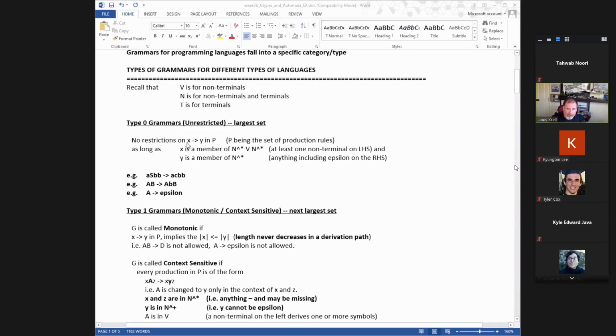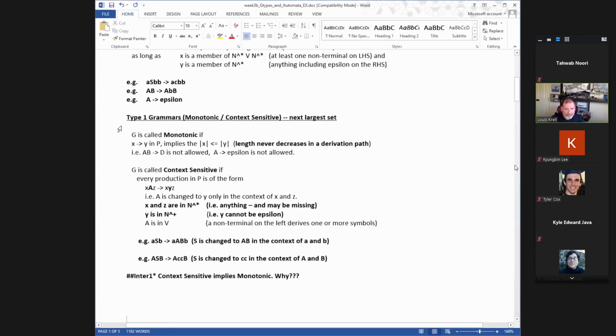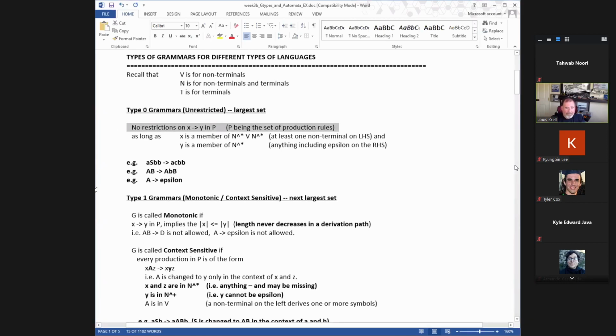Non-restriction grammars, when we look at those production rules in terms of X going to Y for the production rule, basically on the left, X, you have to have at least one non-terminal. And then on the right, you can have any combination of terminals, non-terminals, and epsilon that we talked about. And some examples of what grammar rules could look like with these type 0 unrestricted.